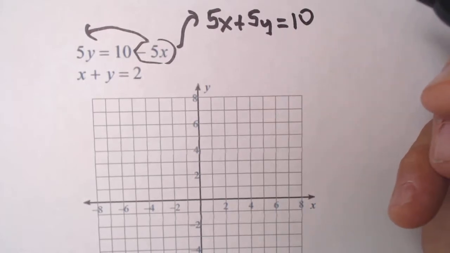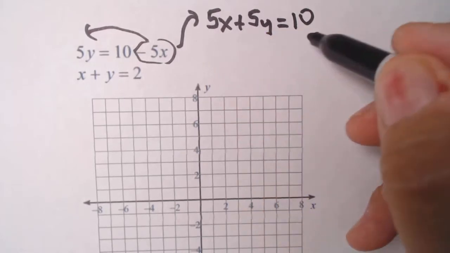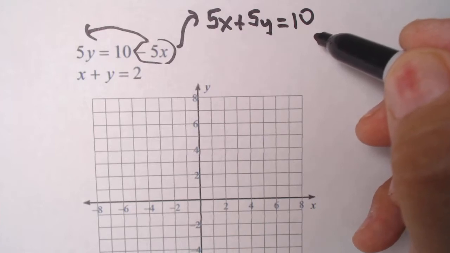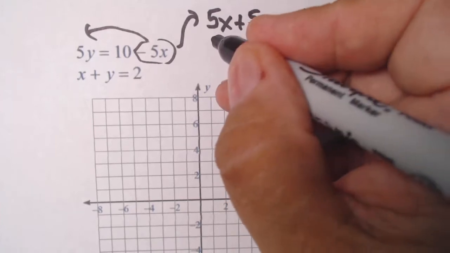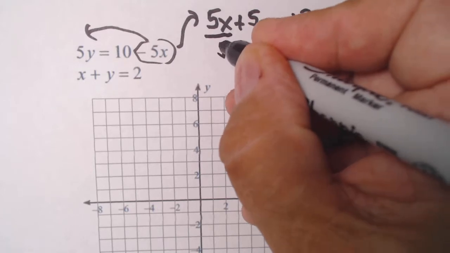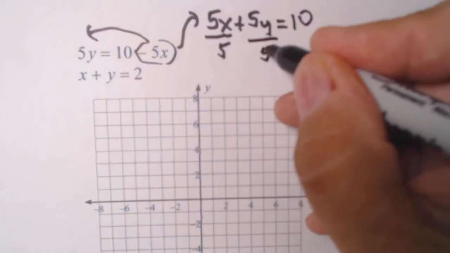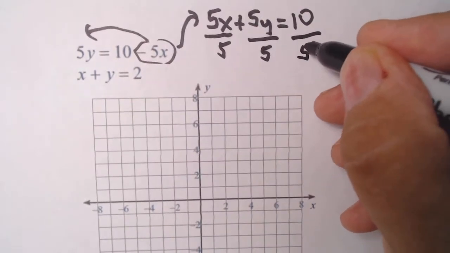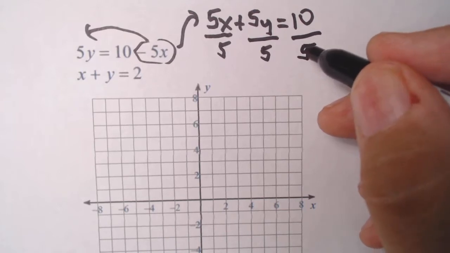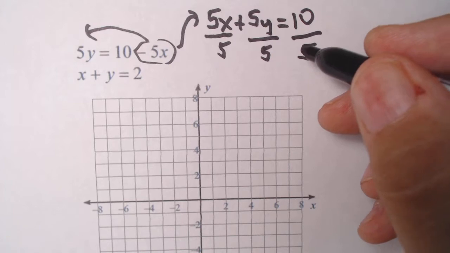Now, to be able to solve this easier, there's a common 5 we can divide out, so let's do that: 5 and 5 and 5. Remember, you can divide every term as long as you do it once and only once to each term on both sides.